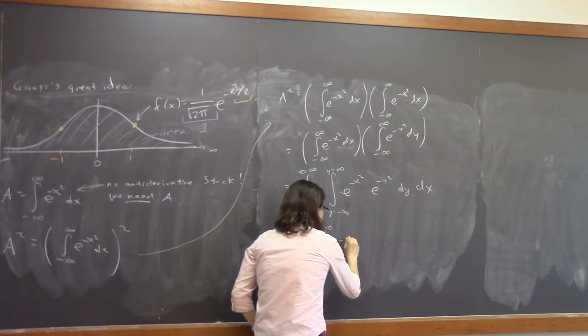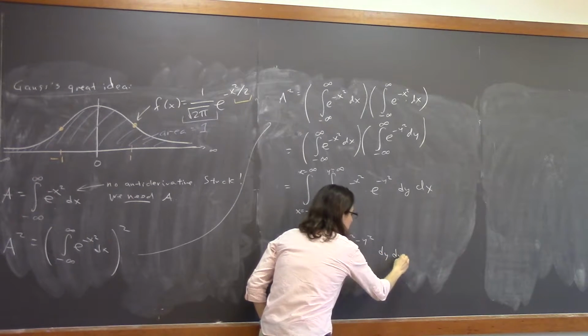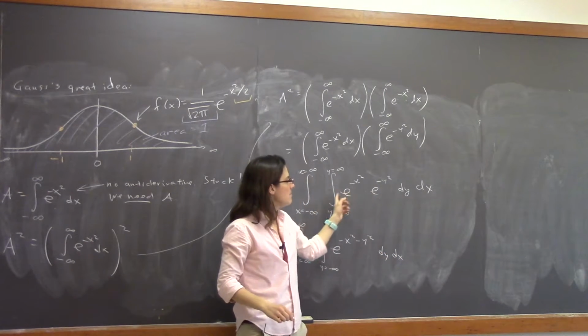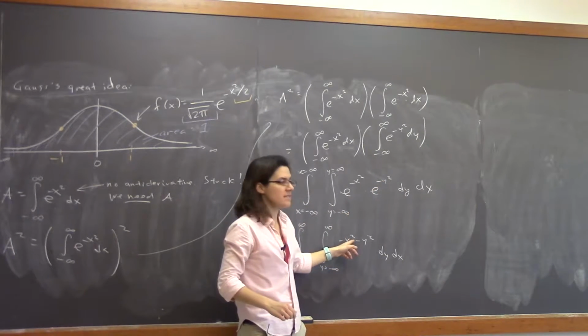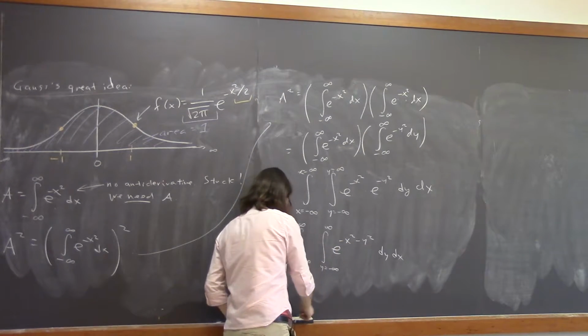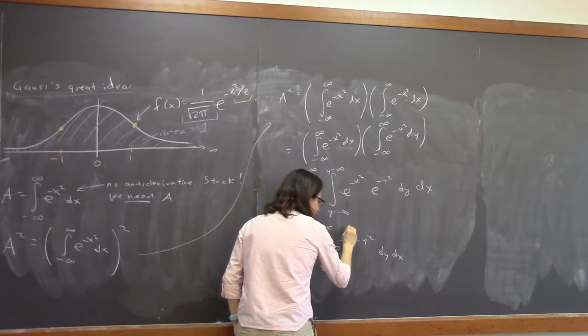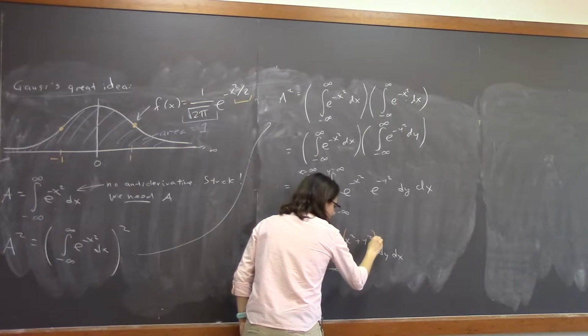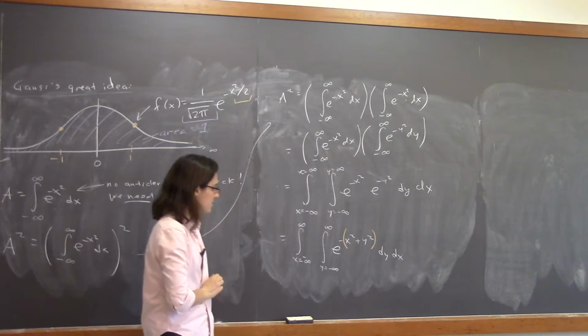Yeah, e to the negative x squared minus y squared. So when you have the same base, e to the something times e to the something, it's just e to the sum of the somethings. Okay, now I'm just going to do this in one step without writing it out again, but this is e to the negative parentheses x squared plus y squared. It's okay, yeah? I factored?